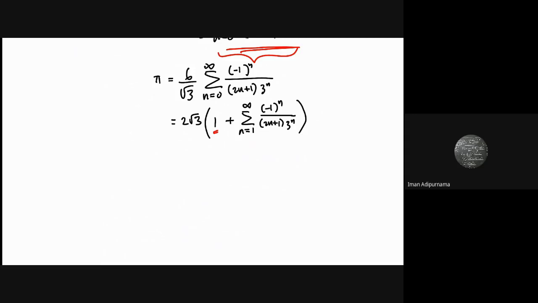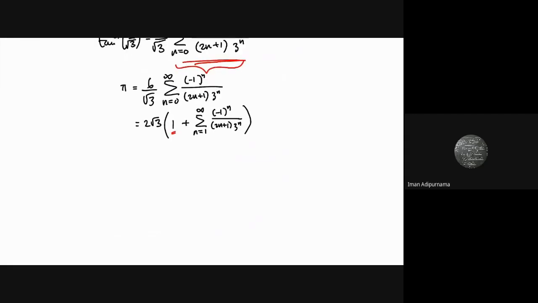This part will be, and we need to solve through here.